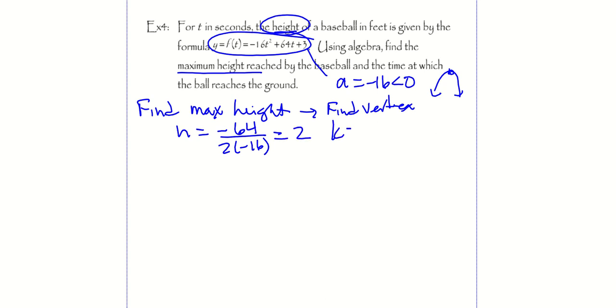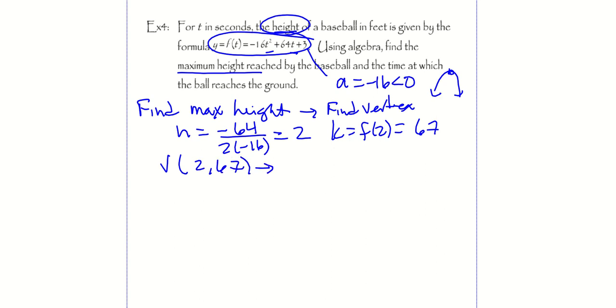I know that my k will equal f of 2. So when I plug 2 in for t and work that out, I end up with 67. So my vertex is at the point (2, 67).